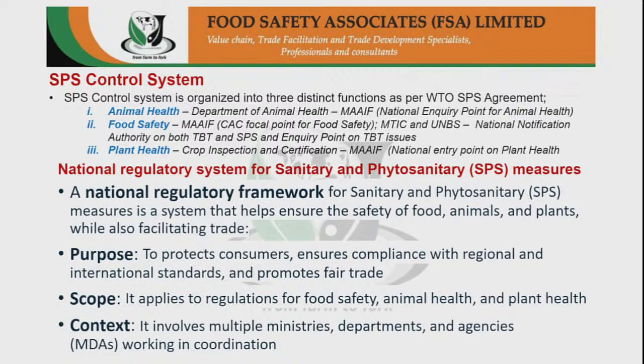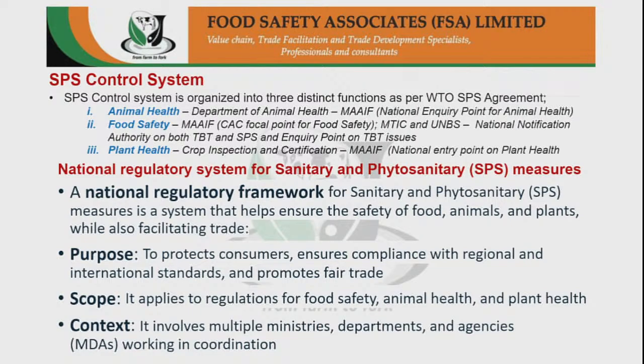Its scope relates to regulations applied to ensure food safety, animal health, and plant health. It can include other things, but they all boil down to the actual regulations that will be applied in ensuring that our products or our system is compatible with the regional and international system.